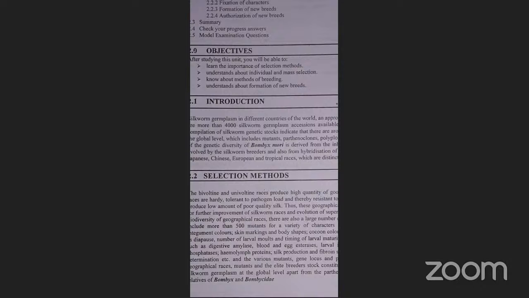Hybridization also depends on the geographical race, because the geographical race is important for the growth of species like Bombyx mori. Hybridization of different geographical races is important because it is one of the selection methods. Mainly the Japanese, Chinese, European, and tropical races show distinct economic characters.